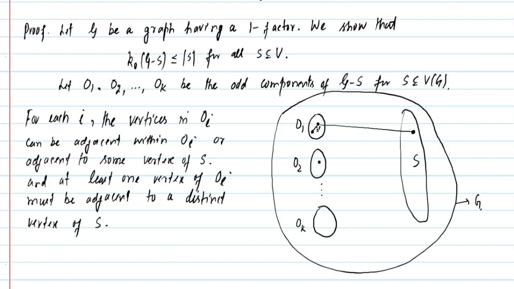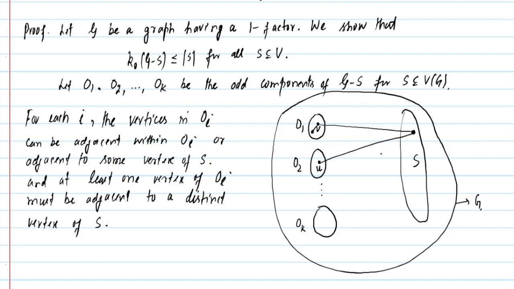Suppose we have a vertex V from O1 and a vertex U from O2, and they are adjacent with the same vertex in S. Then since there is a perfect matching in the graph, and if it contains these two edges, then that matching will not remain a matching at all.